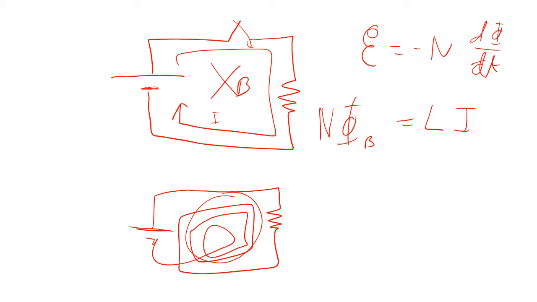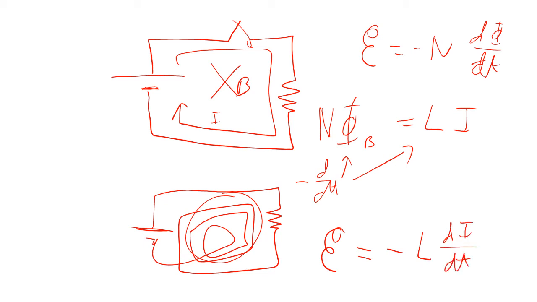And so once again, if I take the negative derivative of both sides, minus d/dt of both sides of this equation, the one on the left is the EMF, and that's going to be minus L di/dt. So that's the EMF of self-inductance.